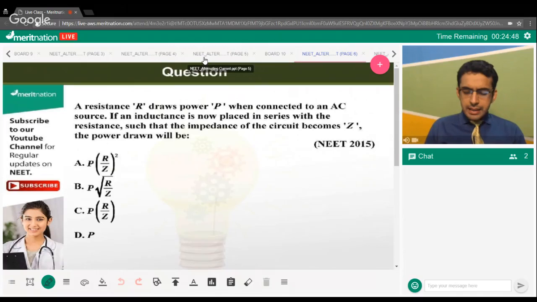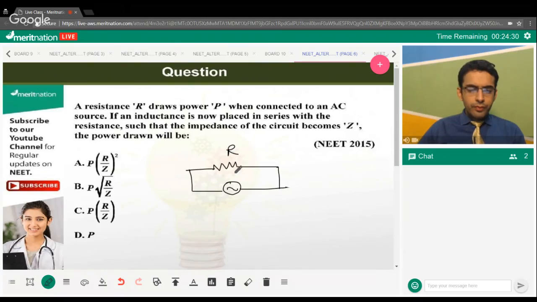So yes, in this case, what is given to us in the given situation? First of all, a resistor is connected across the AC supply, and let us say V is equal to V naught sine omega t is the source voltage. So what is the power?